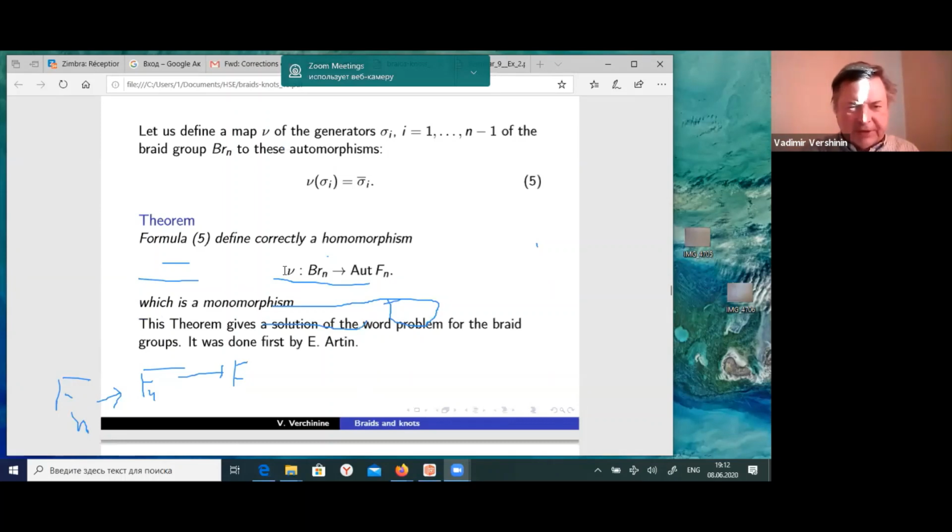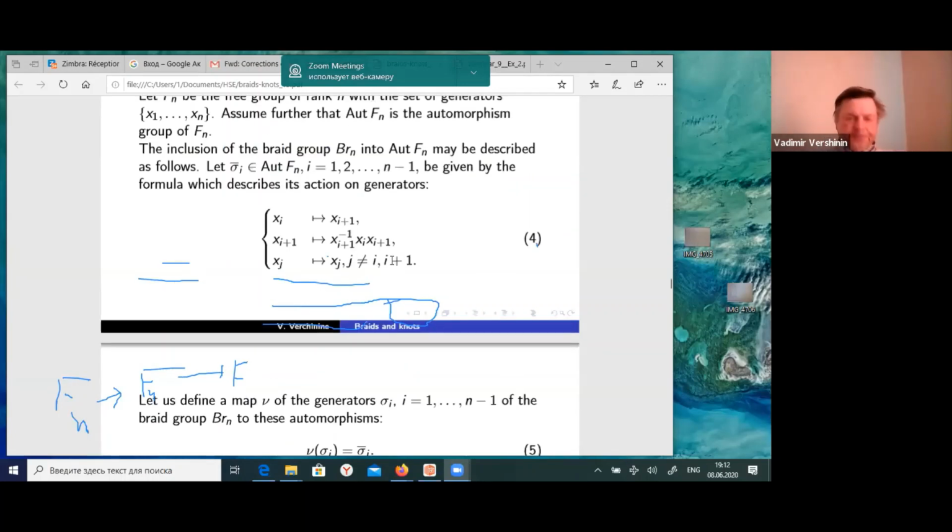Now, let us construct the following map. Theorem 1 is that this formula defines correctly a homomorphism. So from sigma I, you associate this automorphism defined by these maps. Maybe I need to tell that if you have a braid group, it is sufficient only to map the generators.